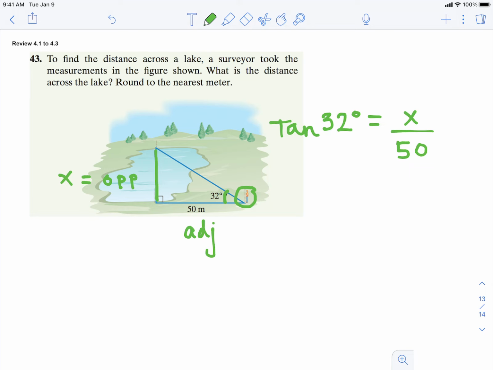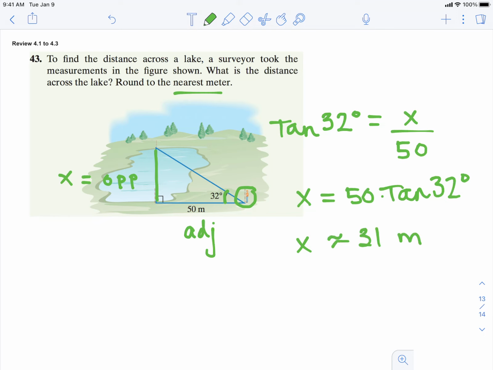And then we solve for X. So we're going to multiply both sides by 50. So X to the nearest meter will be approximately 31 meters.